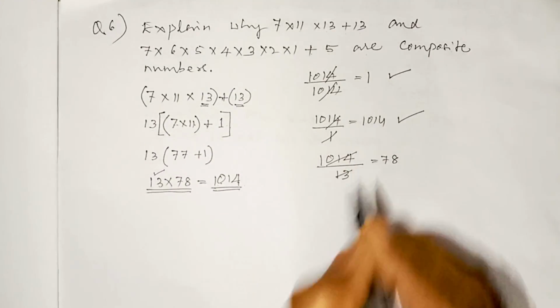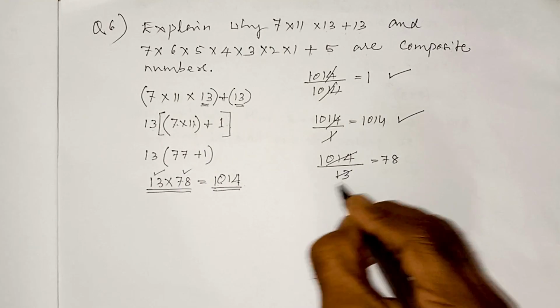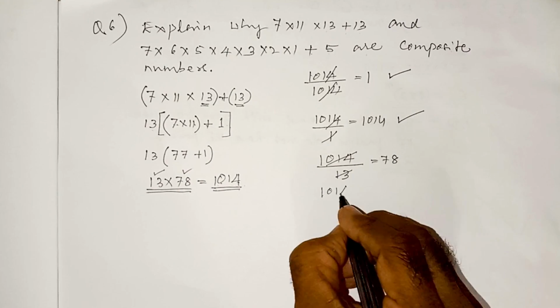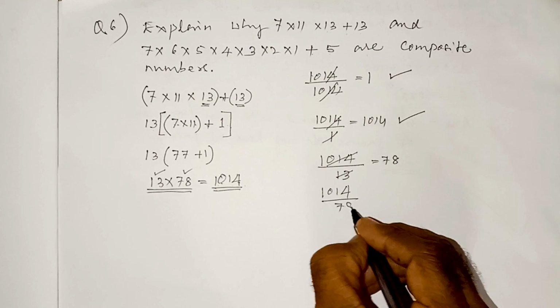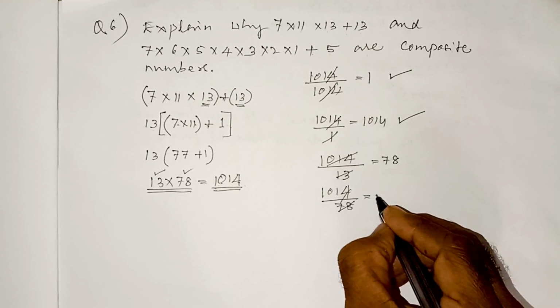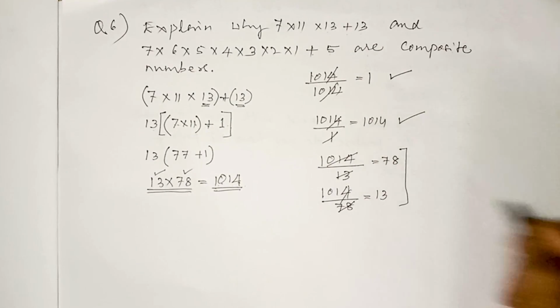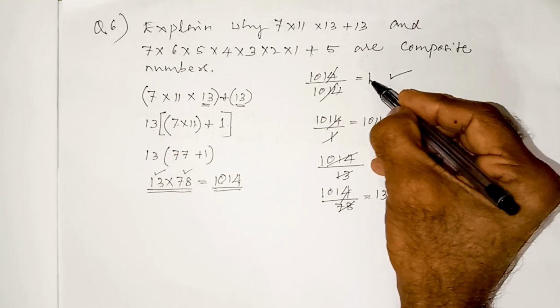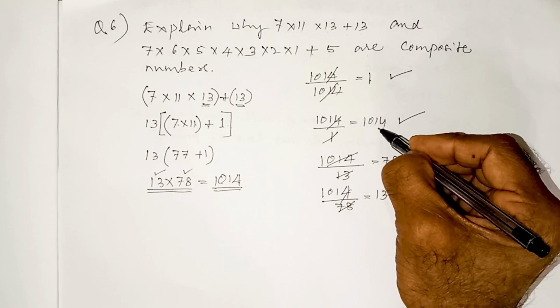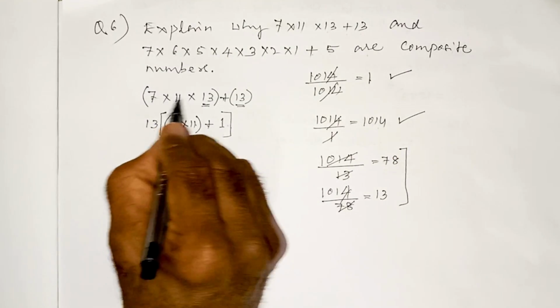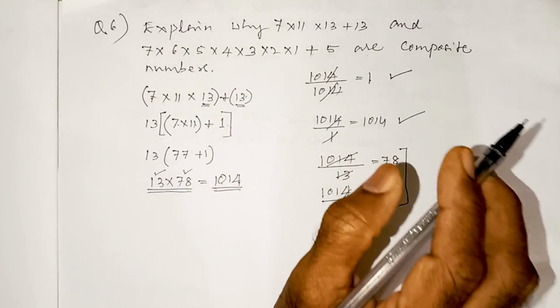Now we have one more divisor, that is 78. Same 1014 can be divided by 78 also, 13 times. These are the two factors you have other than 1 and the number itself. Therefore, the given number is a composite number.